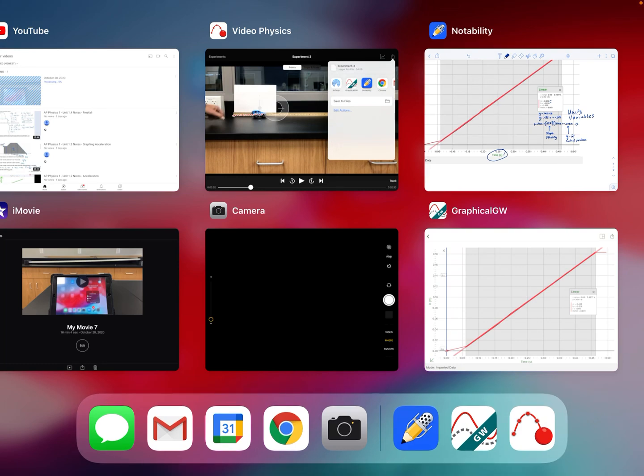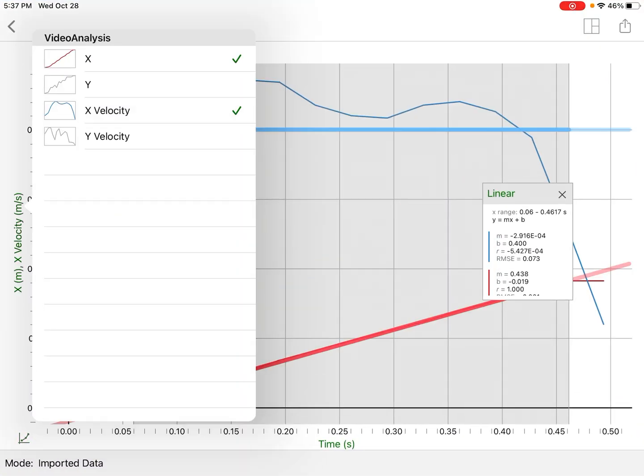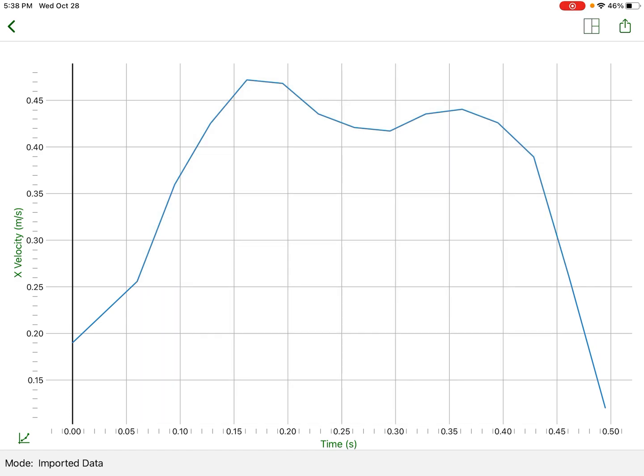If I go back to Graphical Analysis, and if I look at the x velocity graph, here we can see, I'll take a screenshot of this as well.